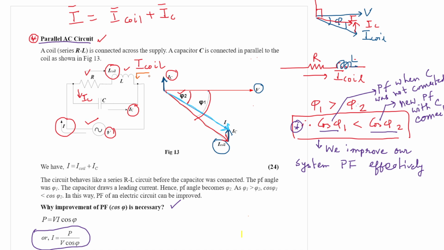If you put a capacitor in parallel, then it will deliver that reactive power. So in this way, this reactive power is either partially or fully neutralized by this capacitor. So the burden on the supply is reduced.